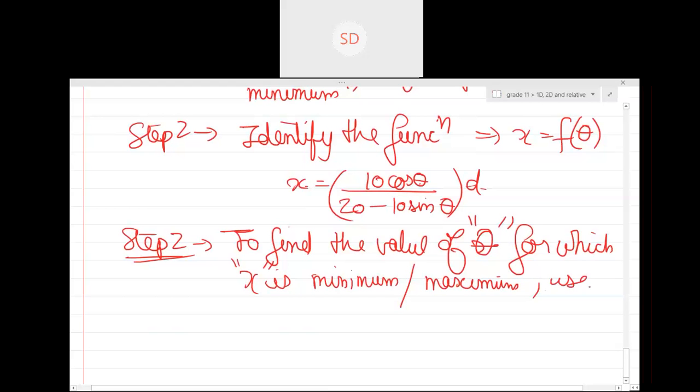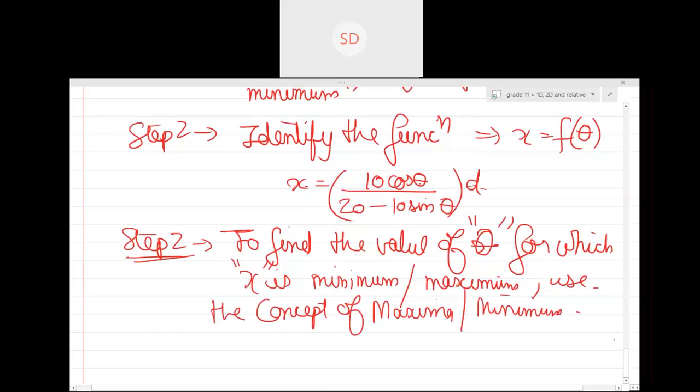Use the concept of maxima. This concept of maxima minima comes in maths. Sir will explain it in more detail. I'll just tell you what exactly to do in this maxima minima.